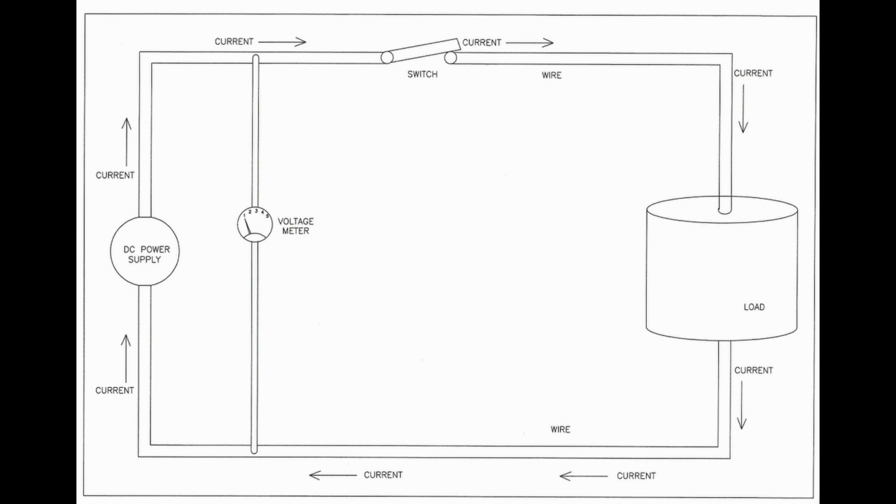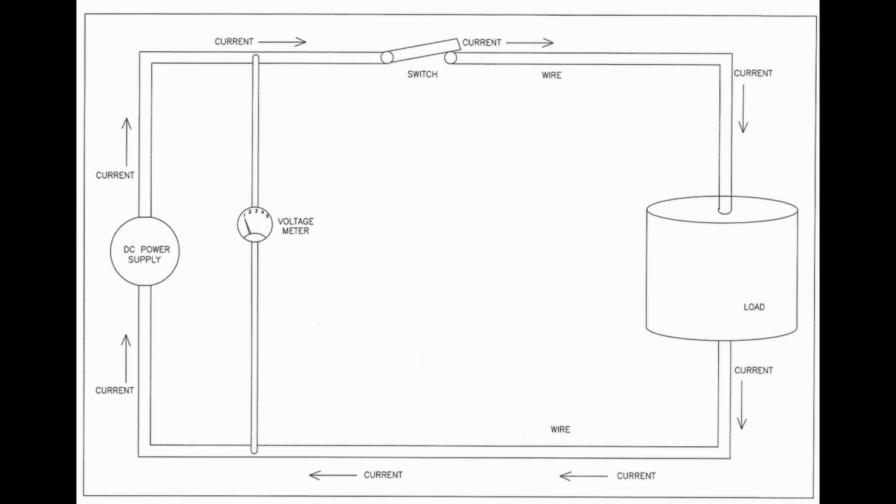And then the voltmeter would measure the difference in potential between the top and the bottom. Let's just say we've got a 24 volt DC power supply here, and the voltage potential on the top wire would be 24 volts.